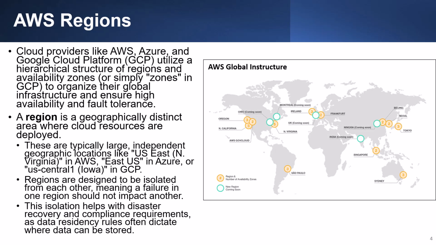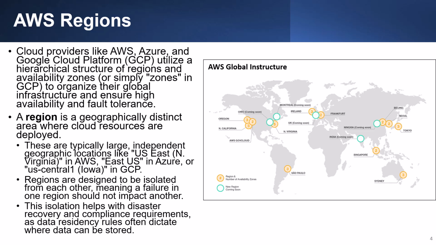Cloud providers like AWS, Azure, and Google Cloud Platform utilize a hierarchical structure of regions and availability zones, or simply zones in GCP, to organize their global infrastructure and ensure high availability and fault tolerance. A region is a geographically distinct area where cloud resources are deployed.